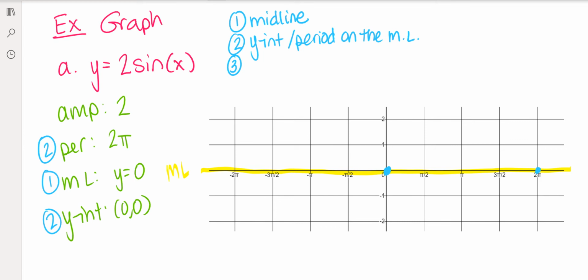The third thing you're going to do is you're going to plot the middle on the midline. So you find the middle. You can call it the midpoint if you want to, because it is a midpoint of those 2 points.